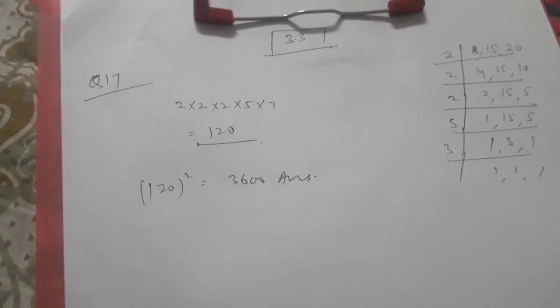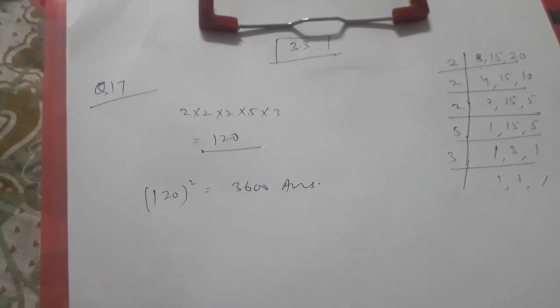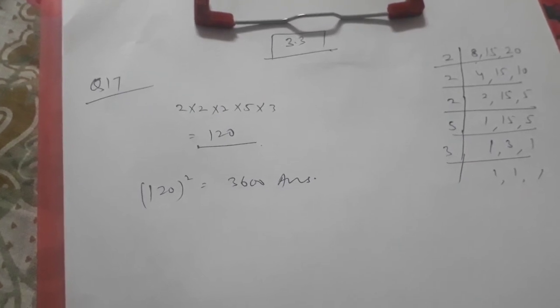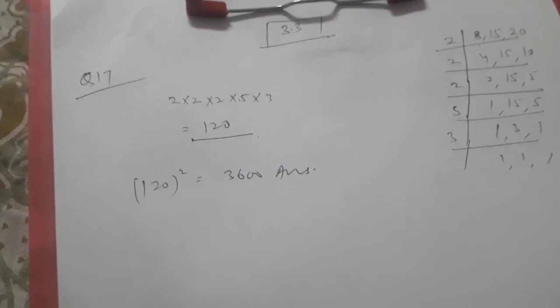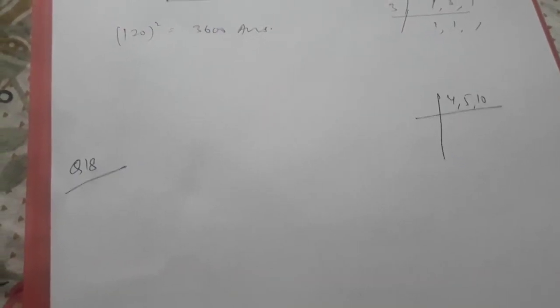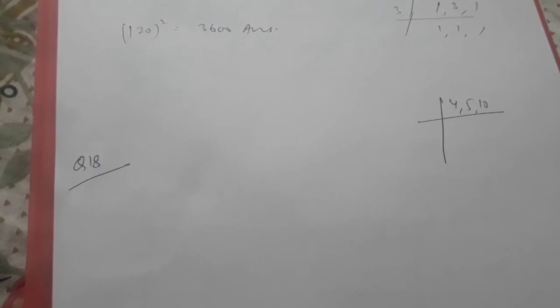Now we will proceed to the last question, that is question number 18 of exercise 3.3. So let's check how to solve it. Question number 18 is: find the least perfect square exactly divisible by each one of the numbers 4, 5 and 10.